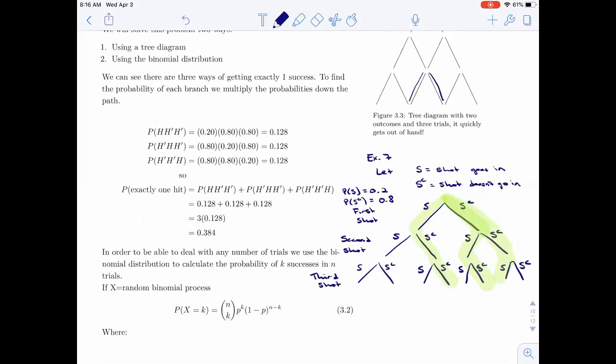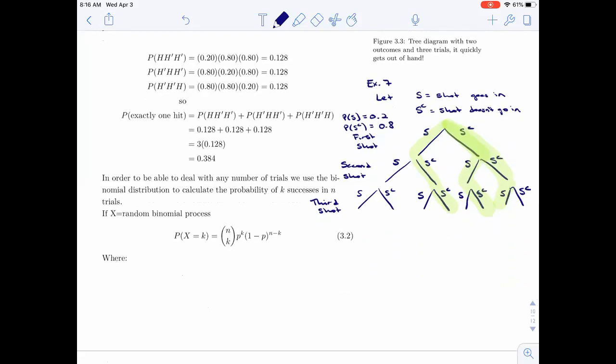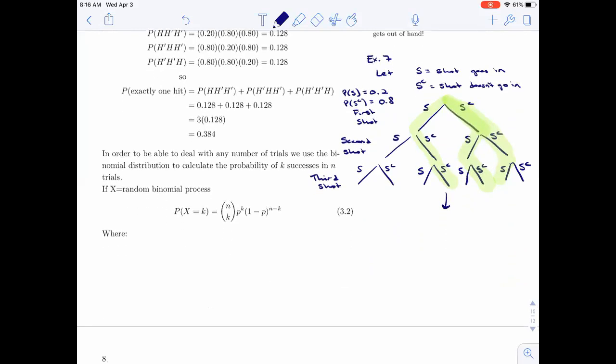Oh, I guess I used H for a hit. I feel like S makes more sense. Oh well. So here, we've got our 3 options.